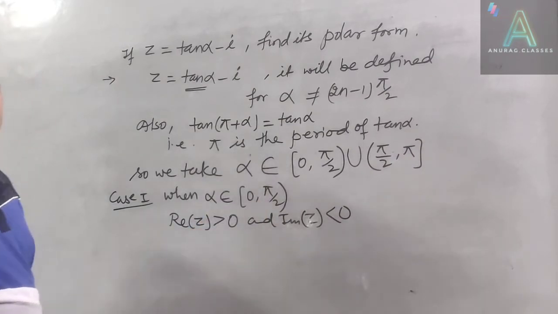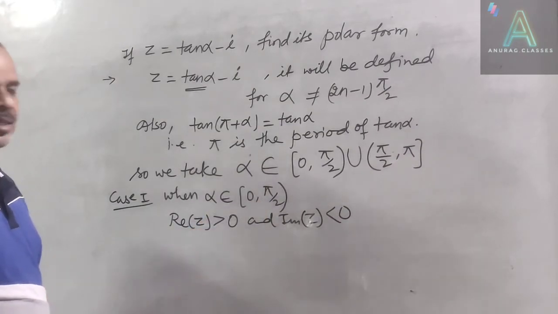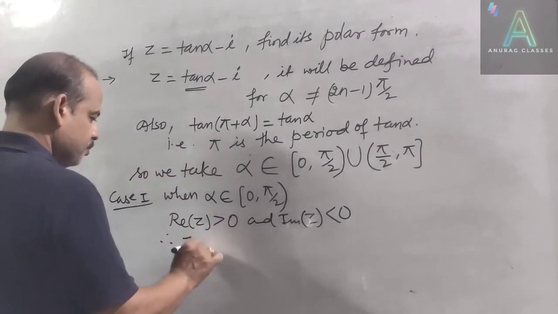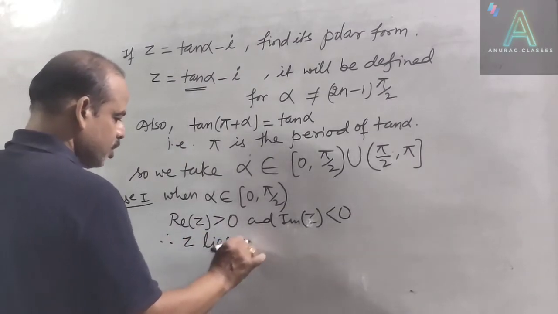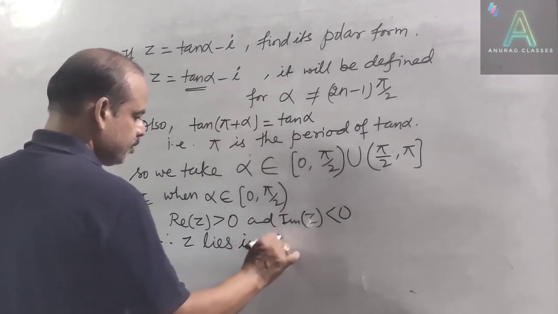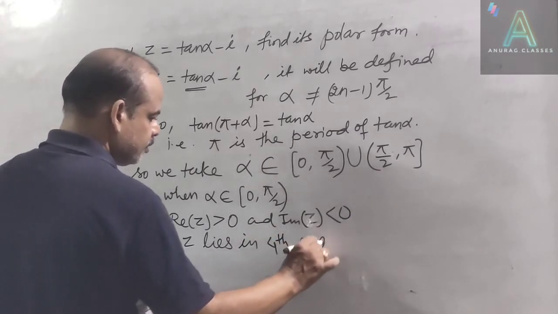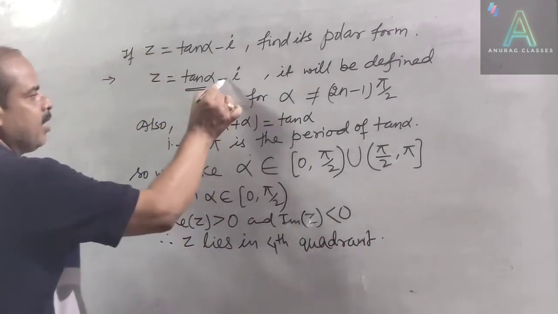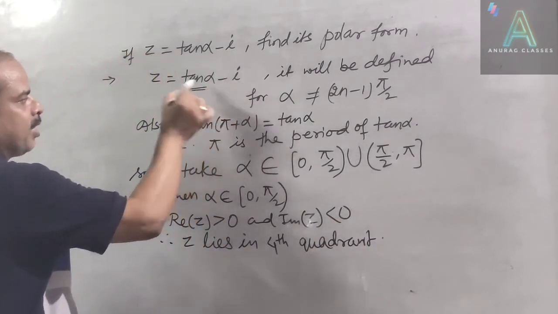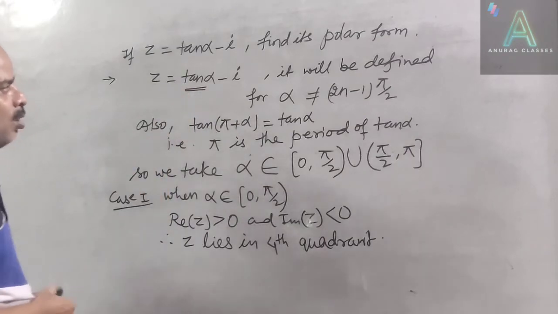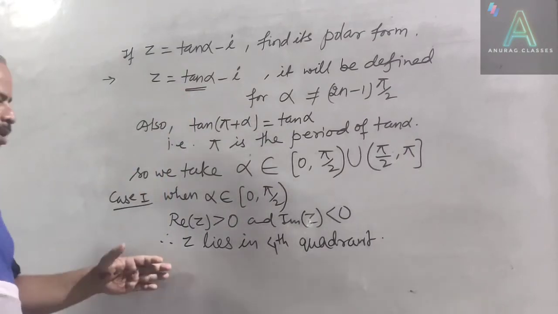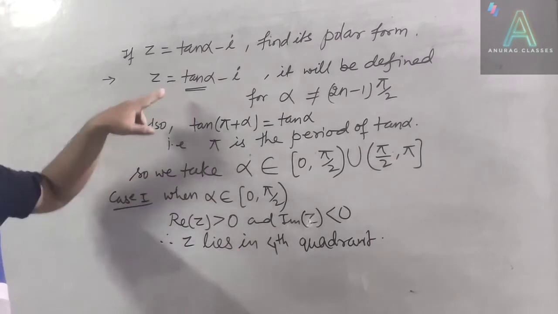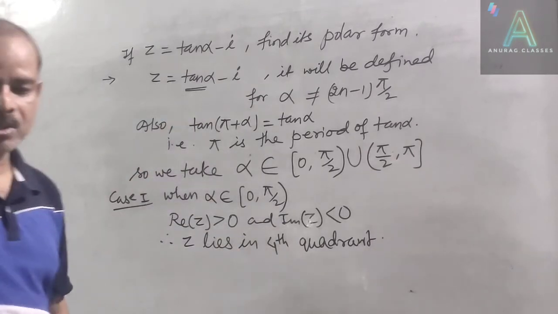It means it is the fourth quadrant. So z lies in fourth quadrant by seeing the negative value of imaginary part and positive value of real part. So after concluding that z lies in fourth quadrant, let us try to find the argument of this complex number.